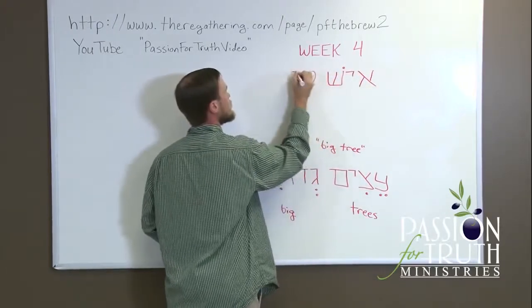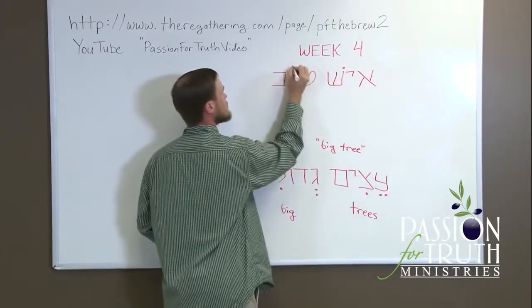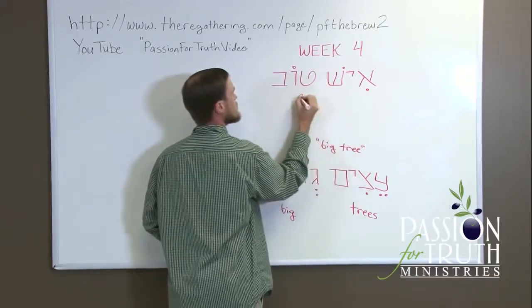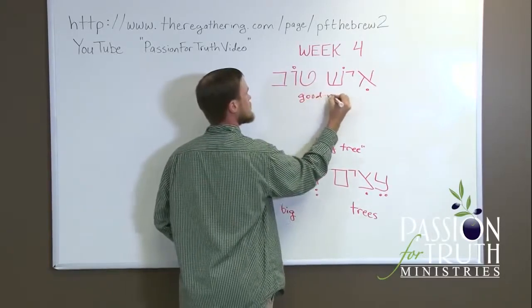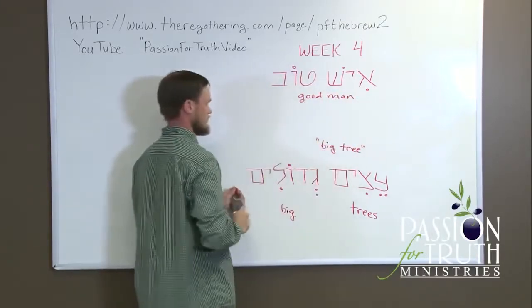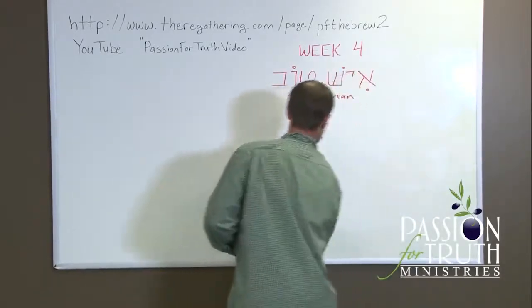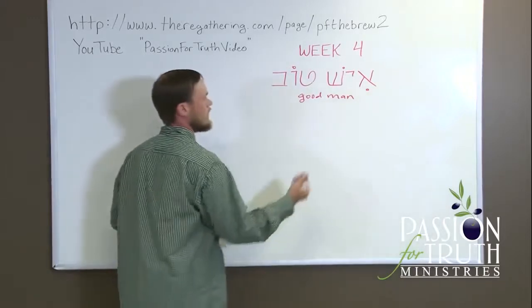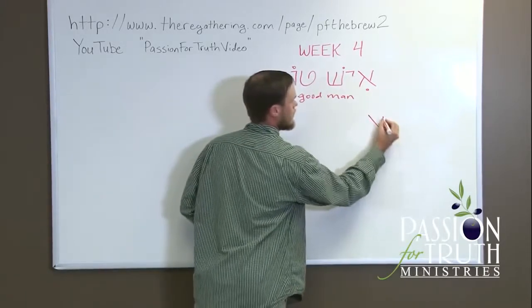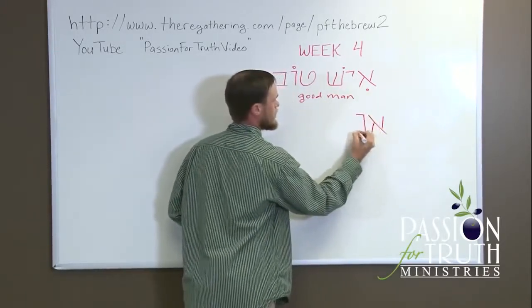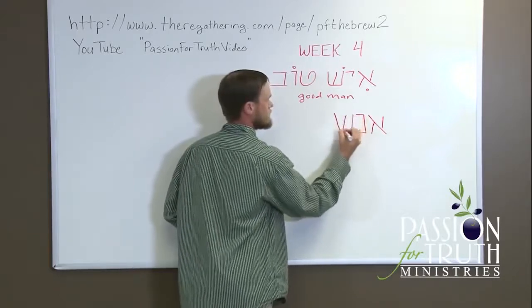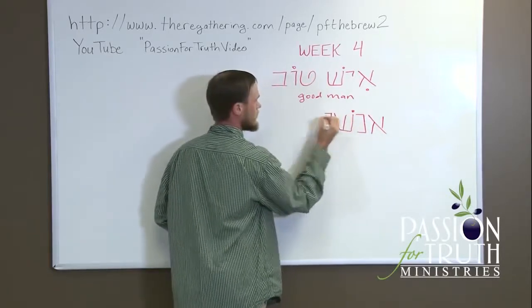Okay, ish tov, that's a good man. Plural of ish is anashim. It's an irregular plural, but one that you'll encounter frequently.